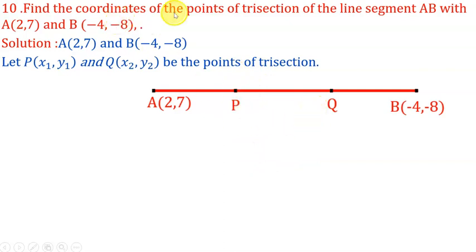Okay, find the coordinates of the points of trisection. P आणि Q हे trisection करतात. Means what? AP is equal to PQ is equal to QB. Okay. The coordinates of the point P are (x1, y1) and Q are (x2, y2), the points of trisection. AP is equal to PQ is equal to QB.